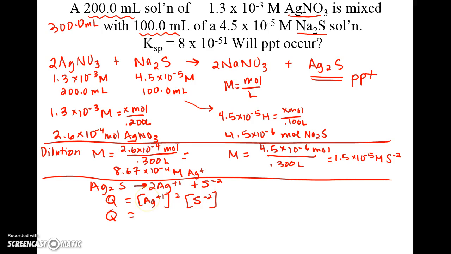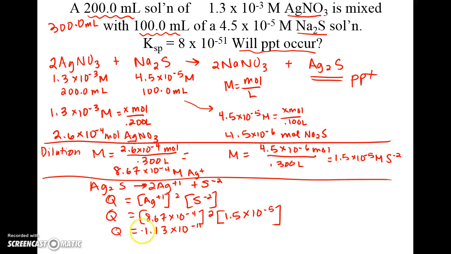You're going to recognize it because the question is going to ask, will a precipitate occur? So I'm going to plug in this 8.67 times 10 to the minus 4th, and I am still going to square it. And I plug in this 1.5 times 10 to the minus 5th. Q is going to be equal to 1.13 times 10 to the minus 11th.